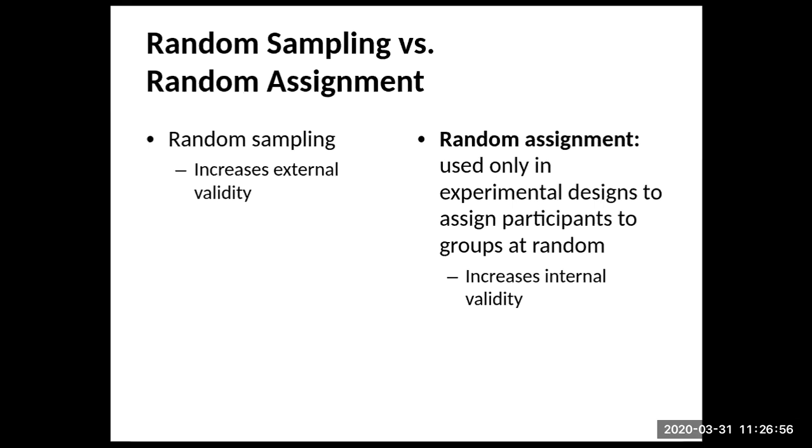This is to increase internal validity, because we don't want the group that studies to already be better at studying before we give you study material, or the people that aren't studying to be worse at exams not because they don't study, but because maybe they're not good test takers, or they're not prepared, or things like that. So random assignment we're going to talk about in the context of internal validity. Random sampling of a population is for external validity, and that's the one that's important here.